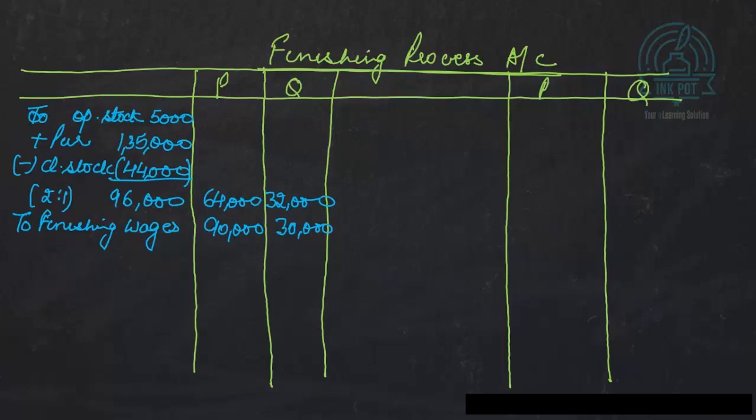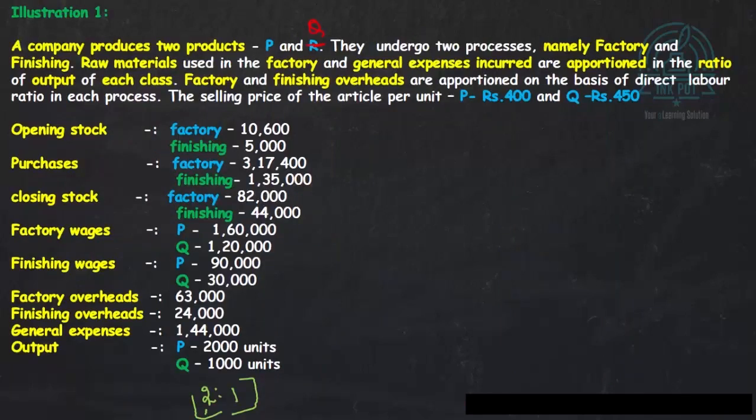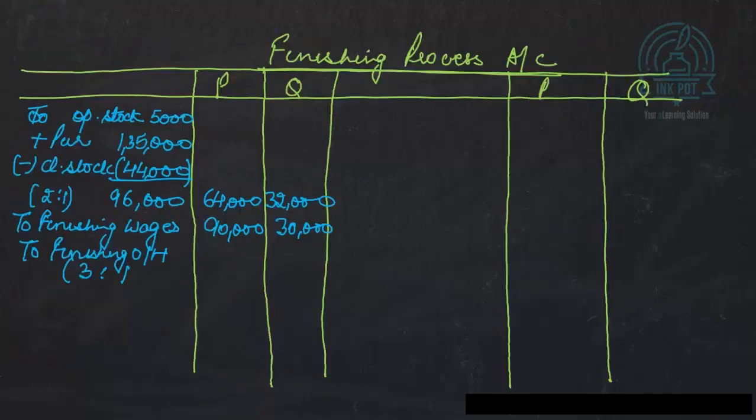Now we had finishing overheads, and this is to be divided in the ratio of labor, which is 3:1. The amount of finishing overhead is 24,000, which is to be divided in the ratio of 3:1. So you will get 18,000 and 6,000. Fine.